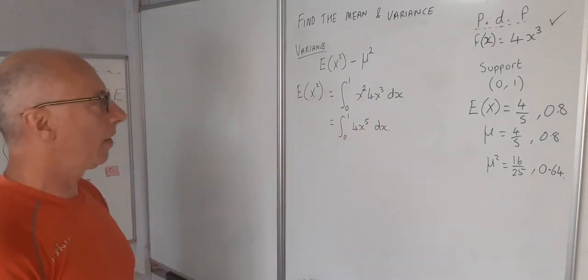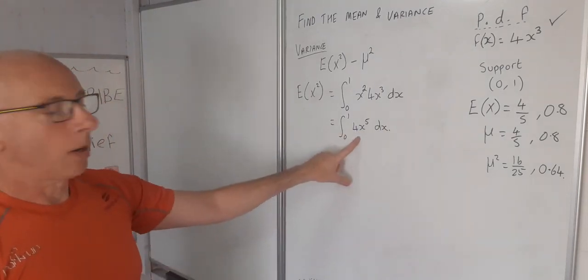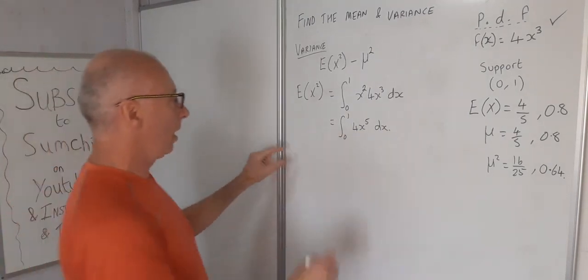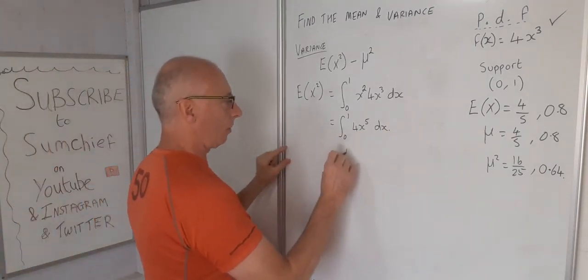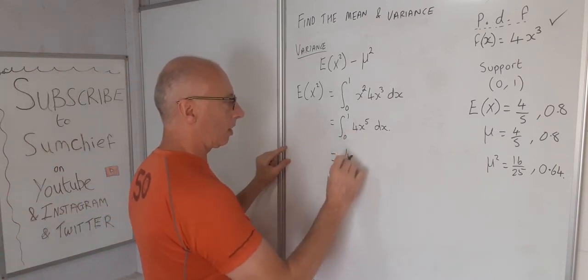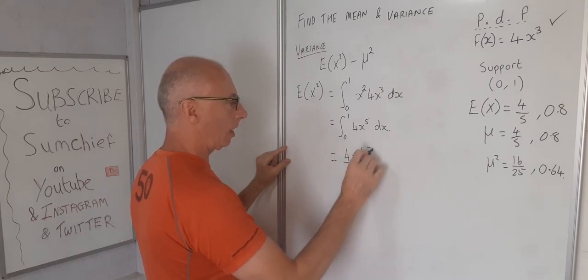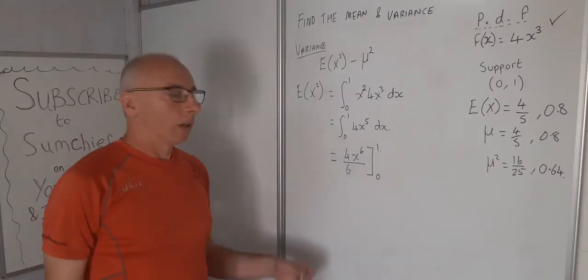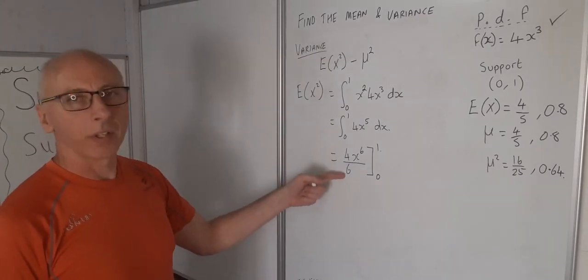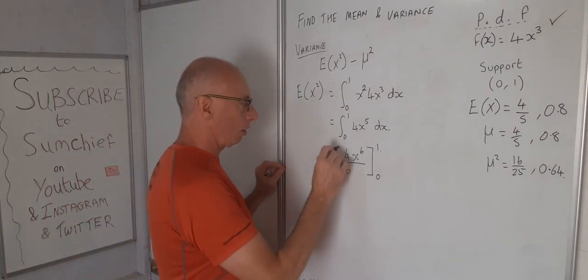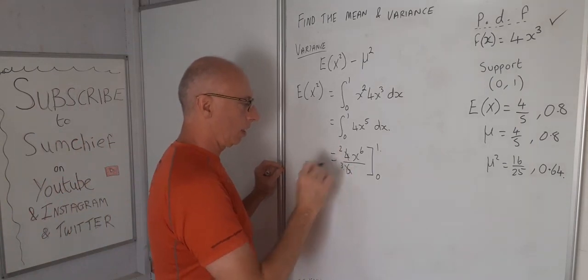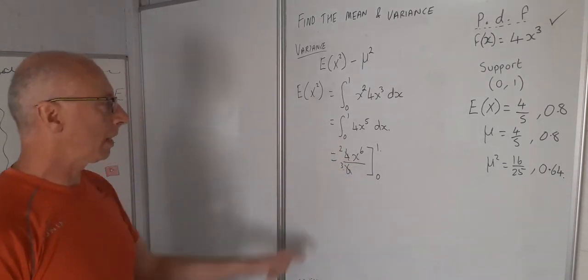So that takes care of that. Now I can just integrate this straight away. So now that's 4x to the 6, and then divide by the new power, from 0 to 1. Now just simplifying 4/6, we can just call that 2/3. That's pretty straightforward elementary mathematics there.